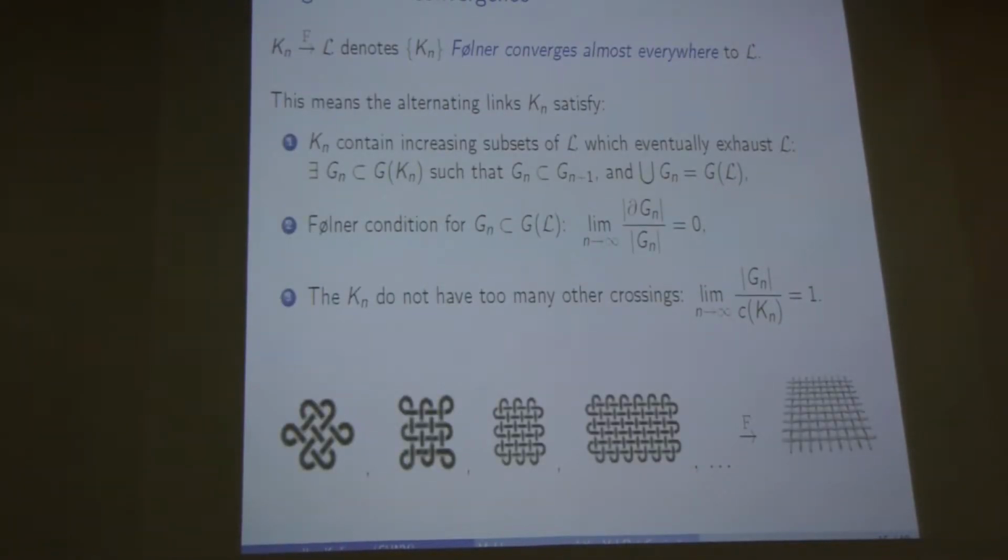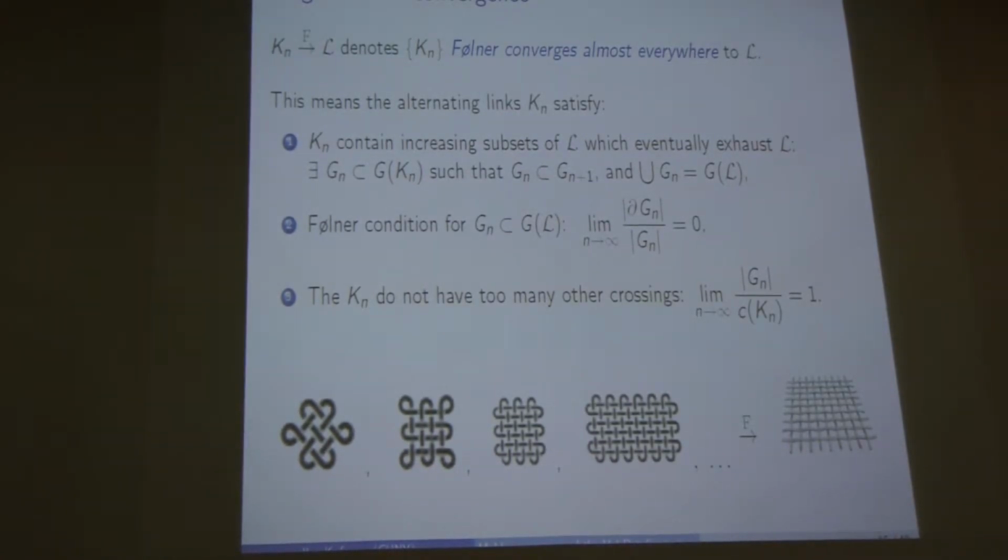Now we need another idea, a suitable notion of convergence for finite knots and links toward a biperiodic alternating link. This is going to be called Følner convergence almost everywhere, and this kind of convergence is required to satisfy three conditions.